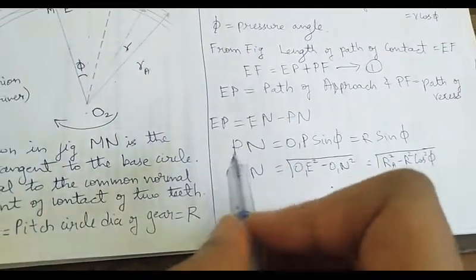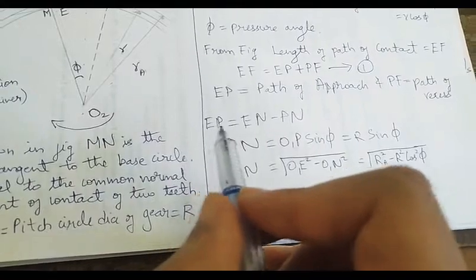Now we shall substitute the value of Pn and En in EP.